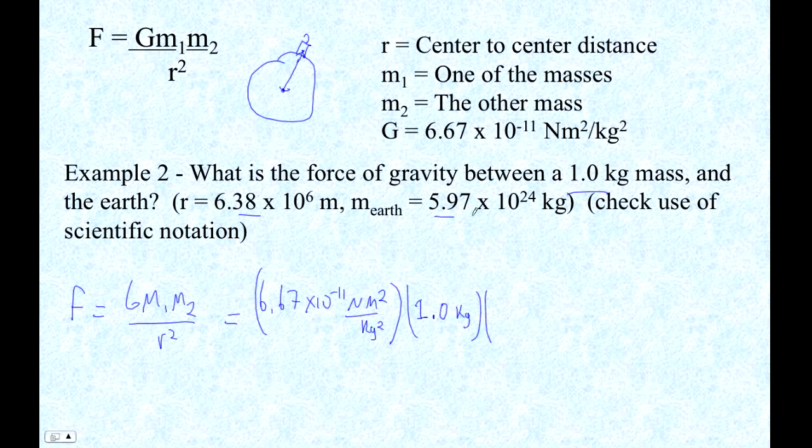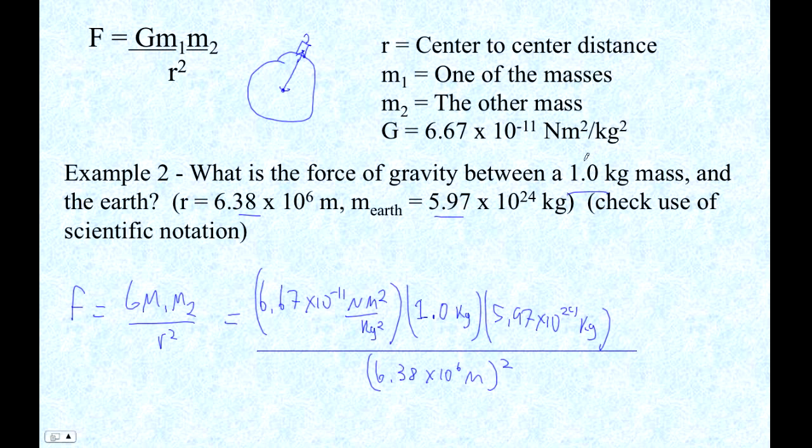And then our other mass is this guy, so it's 5.97 times 10 to the 24th kilograms, and that is divided by 6.38 times 10 to the 6th meters, and that is indeed squared. And again, the meters squared cancels meters squared, kilograms cancels kilograms. We'll end up with newtons of force.